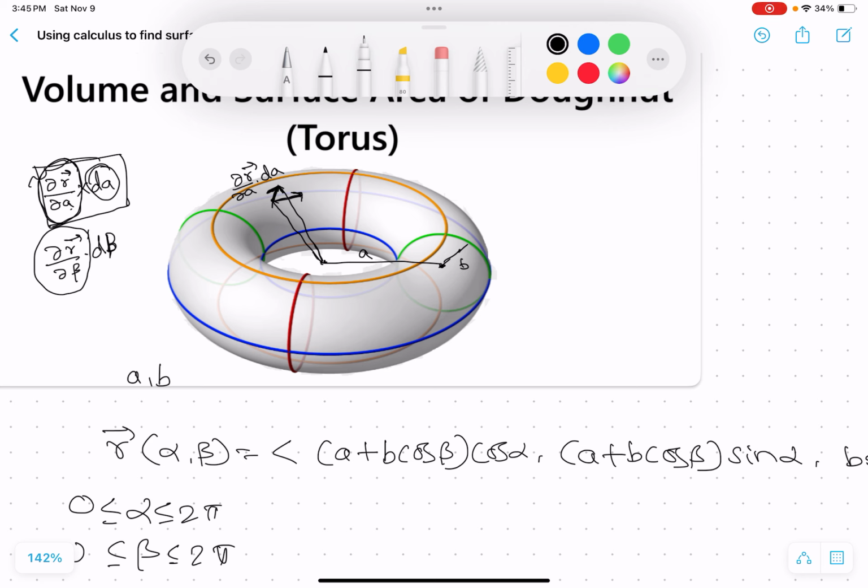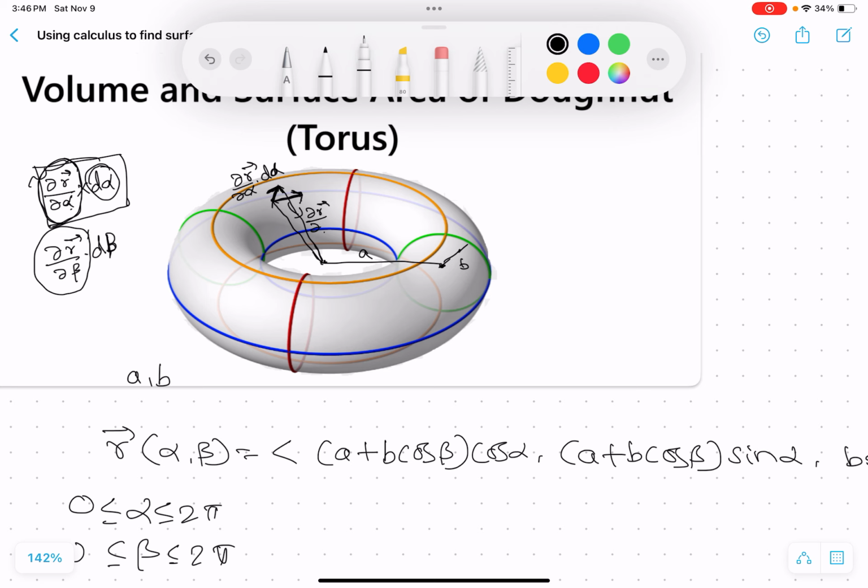Guys, this should be alpha, because why I'm saying a, this should be alpha. Now the rate of change in r vector due to small change in beta times the amount of change in beta will give how much the r vector changes due to change in beta, so this is the partial of r by beta times d beta.